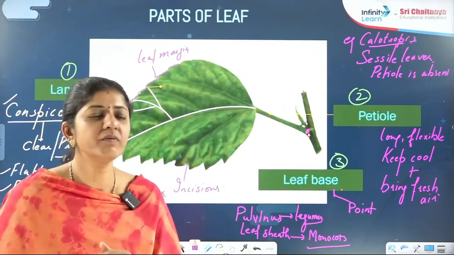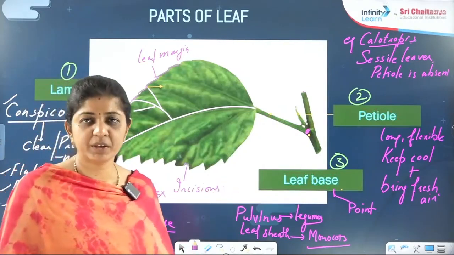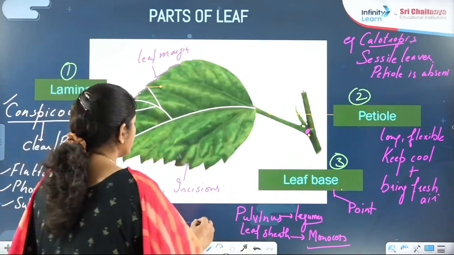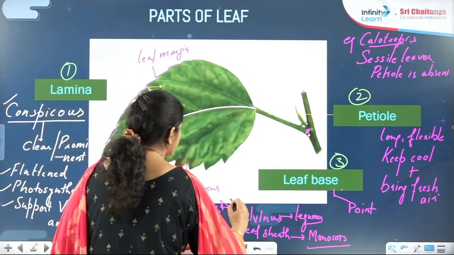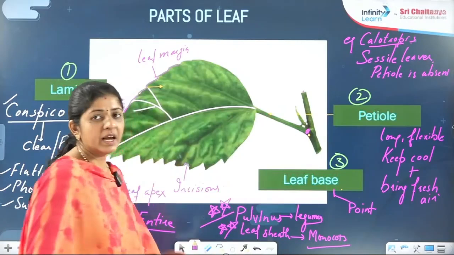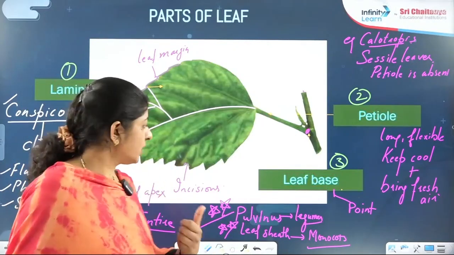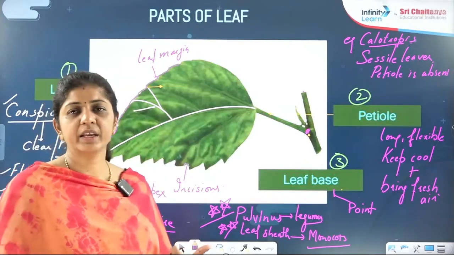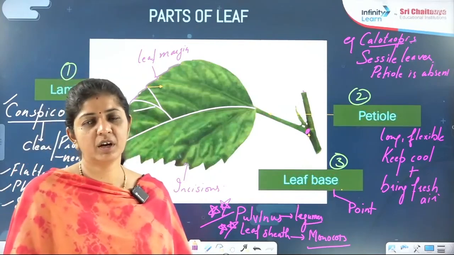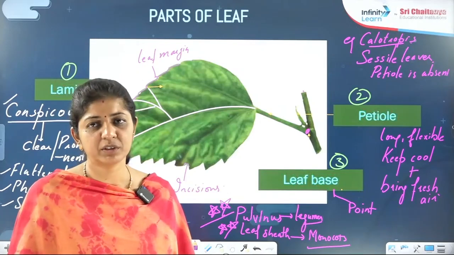So that is a modification of which part of the leaf? The leaf base, right? This is a very important question for your NEET exam: what is the pulvinus and what is a leaf sheath. Do remember the examples: legumes carry the pulvinus, whereas monocots carry the leaf sheath around the stem, which is a modification of the leaf base, right?